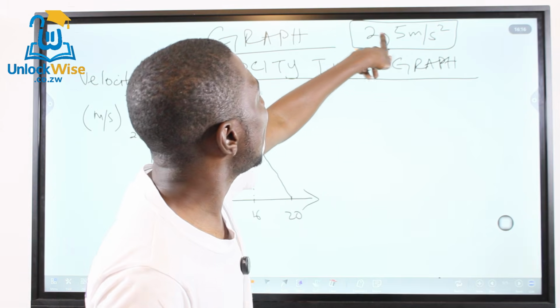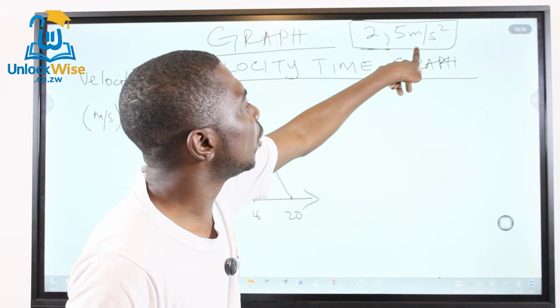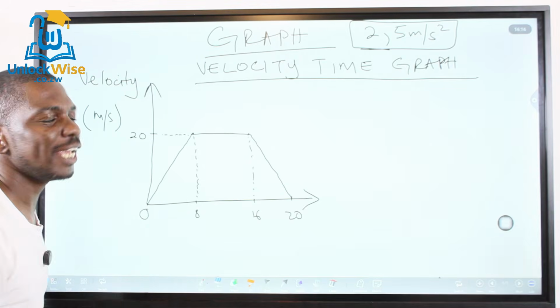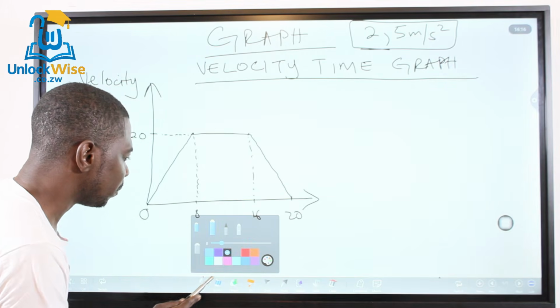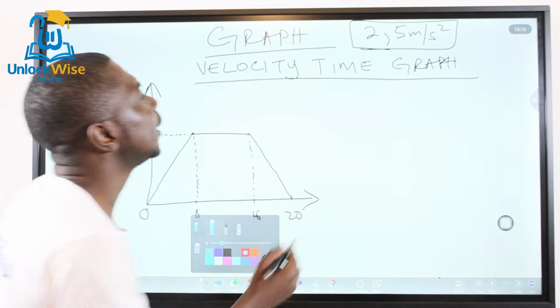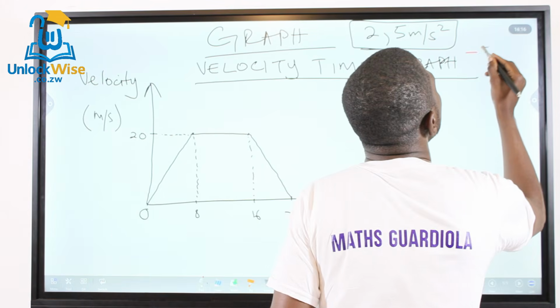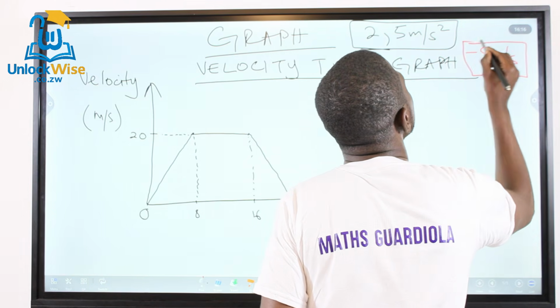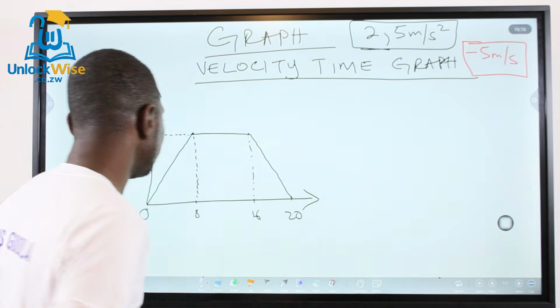That is even why I had to keep this value, which is the acceleration during the first 8 seconds. And to those who still remember, the acceleration during the last seconds is minus 5 meters per second. I will also need to use this one so that you understand what is happening, right?